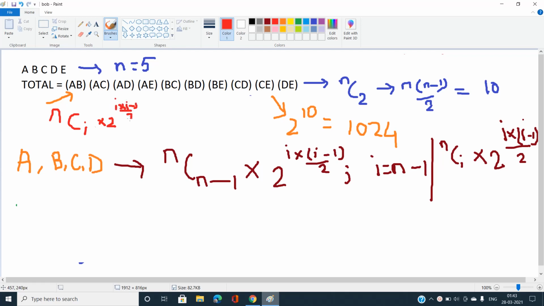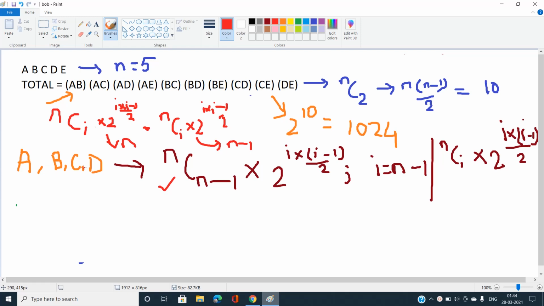And we need to subtract this amount, minus nCI into 2 power I into I minus 1 upon 2. Here I am going to write that I is n, and here I is n minus 1.